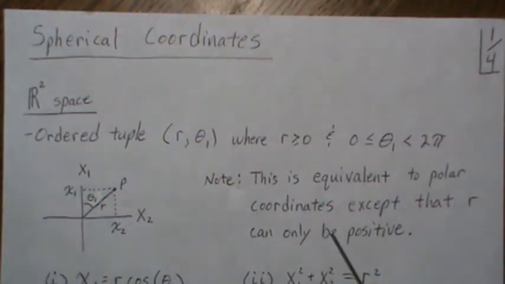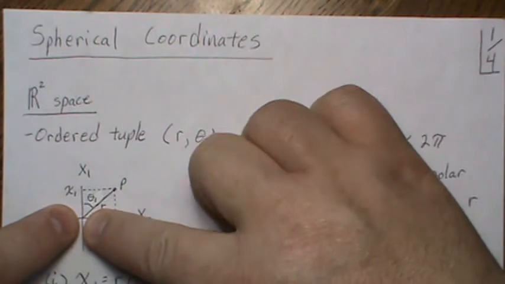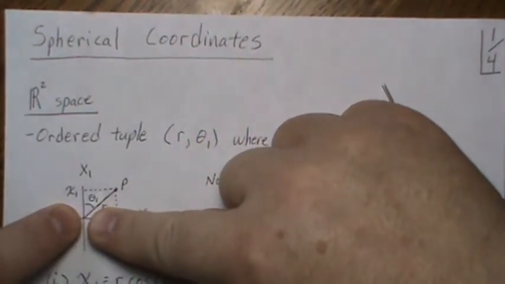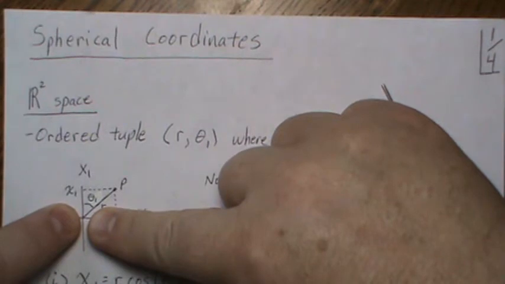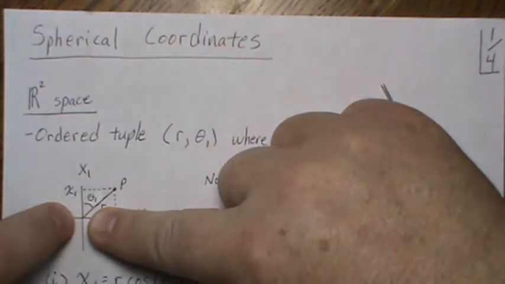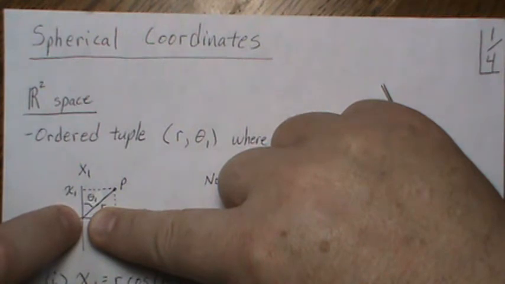Now, here's another note that will seem silly initially, but I'm going to keep pointing it out, and then in R4 space, you'll go, oh, that's why he was doing it. If we get rid of x2, we don't need x2 to create that angle. There's some axis, x1, and some point, and on x1 there's an origin.